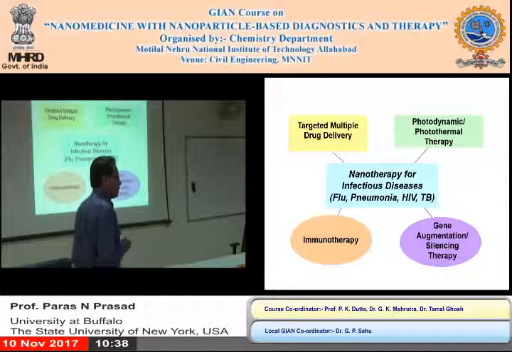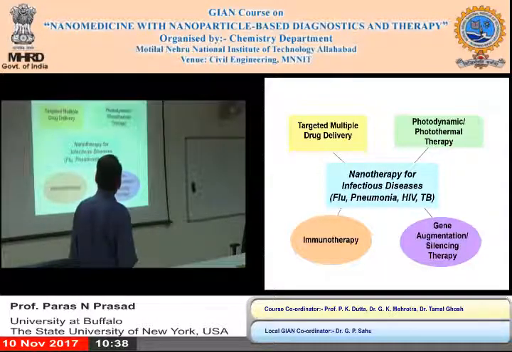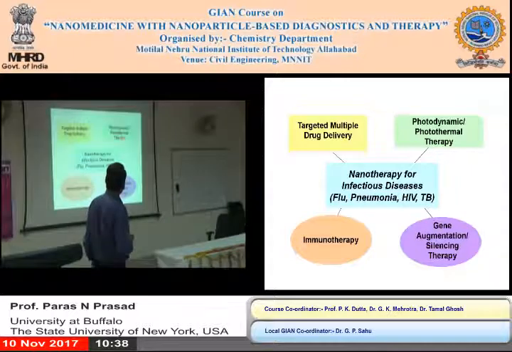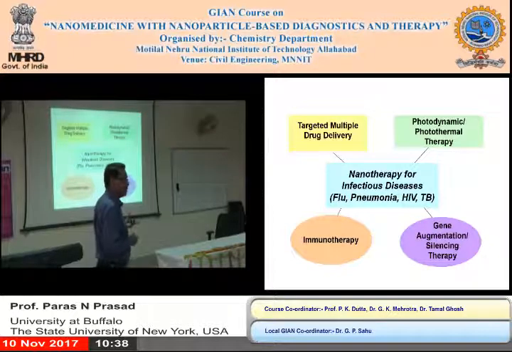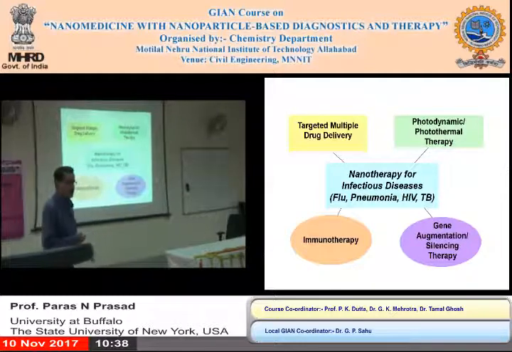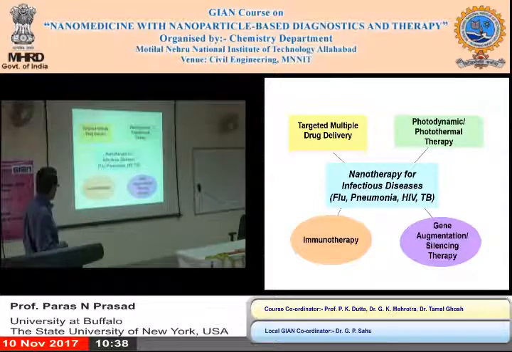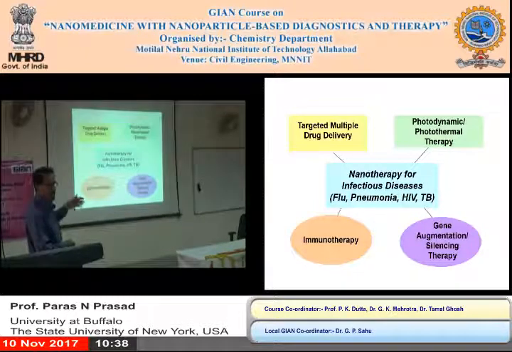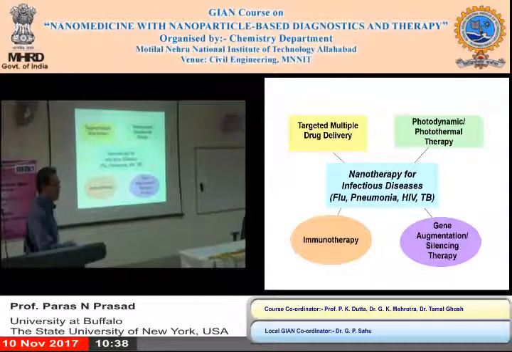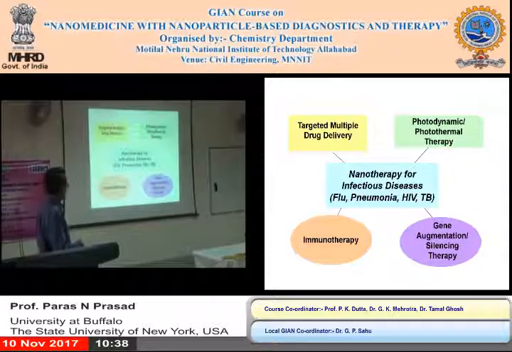So that's multiple delivery, and then we can combine that with other kinds of therapy, photodynamic, that we saw, light activated therapy, or photothermal. Or we can do this gene therapy that I talked to you about, where we can use gene silencing to silence the infection that produces these bad genes.